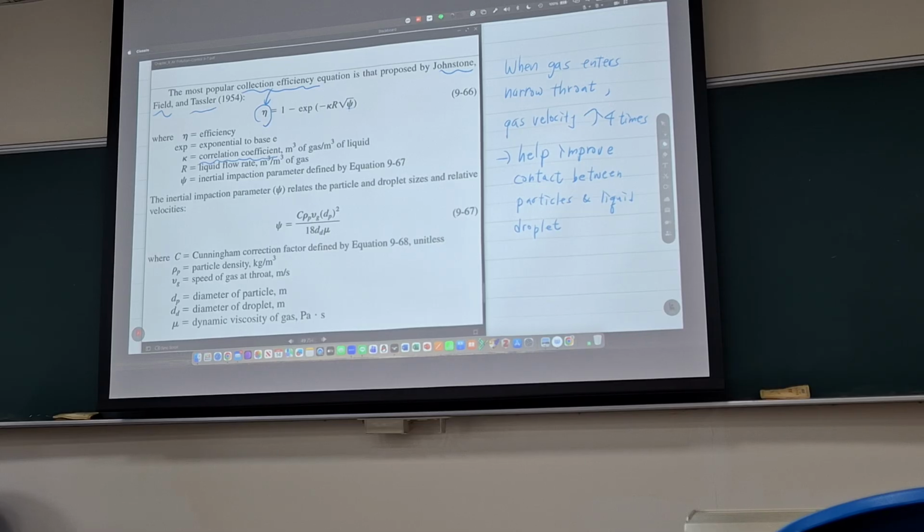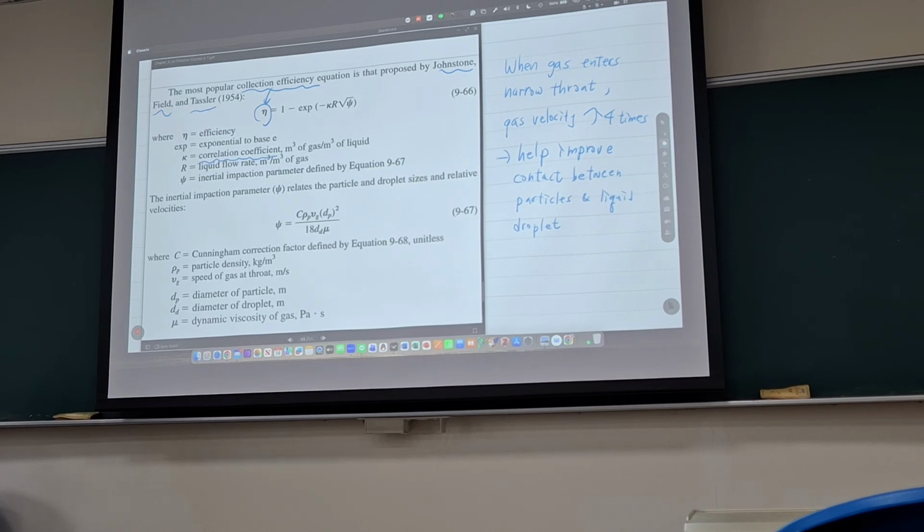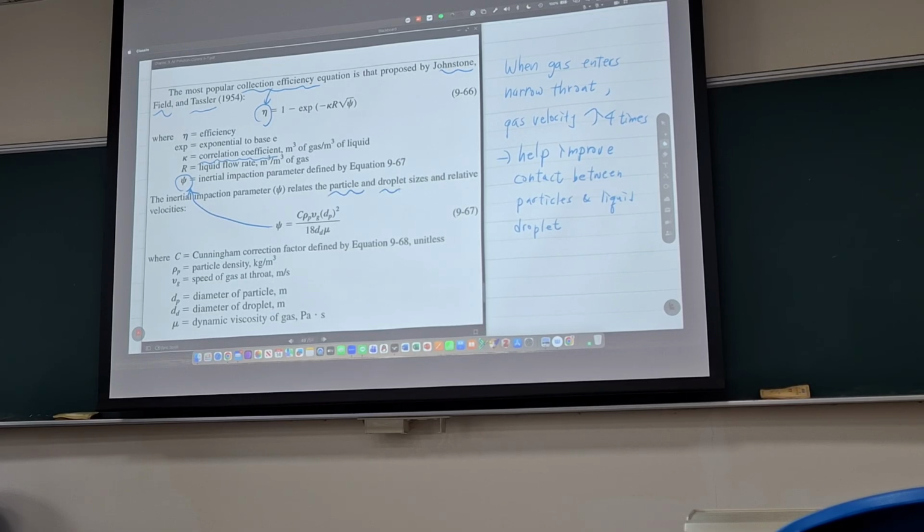This term equals the inertial impaction parameter, and this parameter is defined by this. This is good for the particle and droplet.